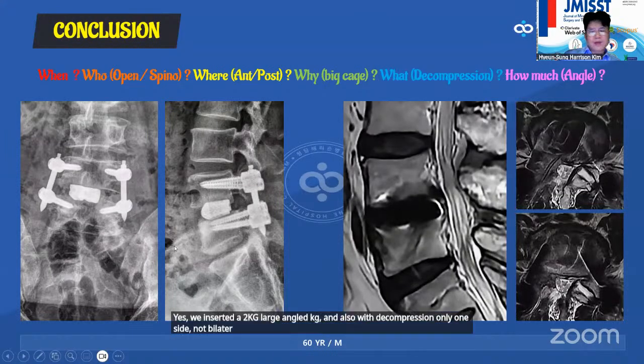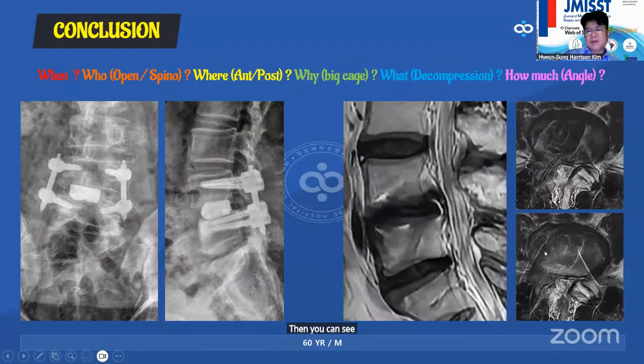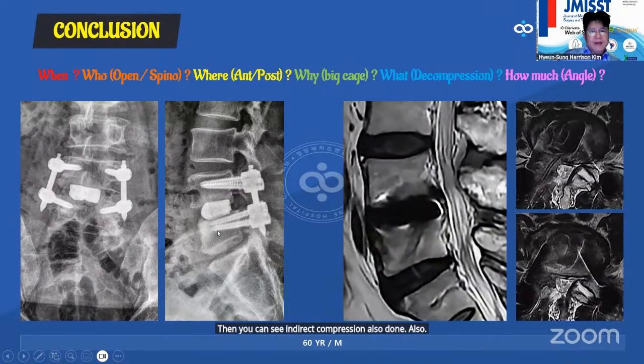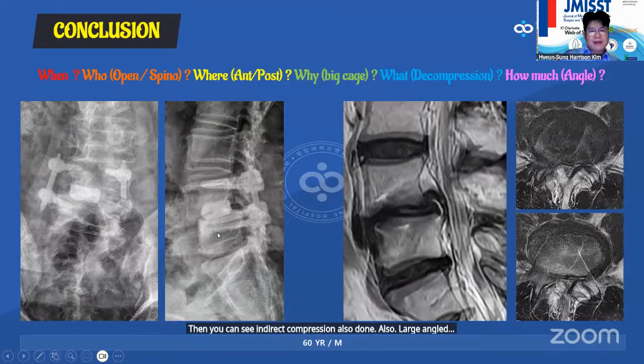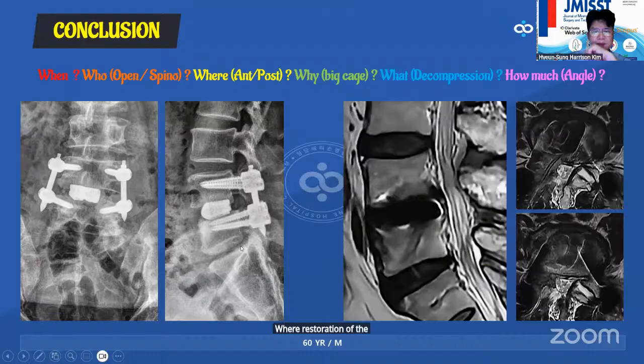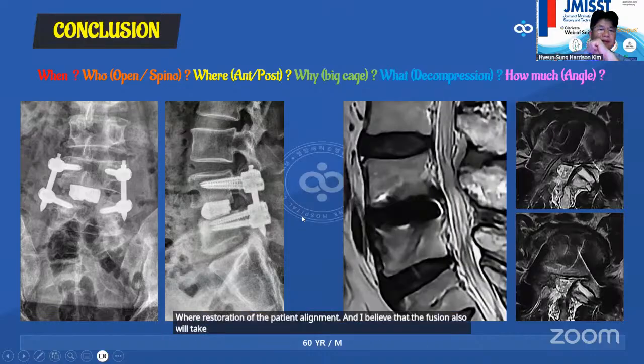Then you can see indirect decompression was also done. A large angled cage was also inserted here. Because of that, the patient's alignment was spontaneously restored, and I believe that the fusion will also be excellent in the future.